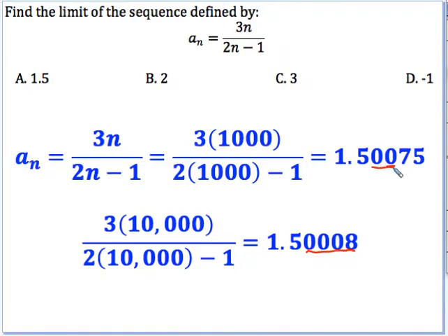Here I only had 2 zeros, now I have 3 zeros. So I'm getting closer and closer to some number, and that number is 1.5. So when you have this type of question on your test, just plug in really big numbers for n to figure out what number you are getting closer and closer to.